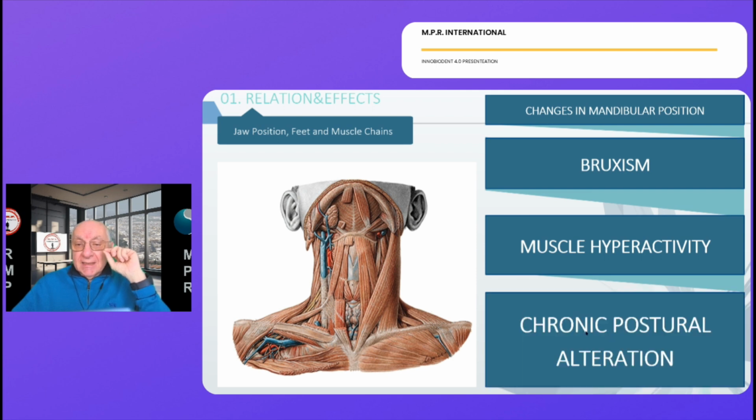These mechanisms first produce local dysfunctions, and over time, when it becomes chronic, it alters the posture of the entire body.